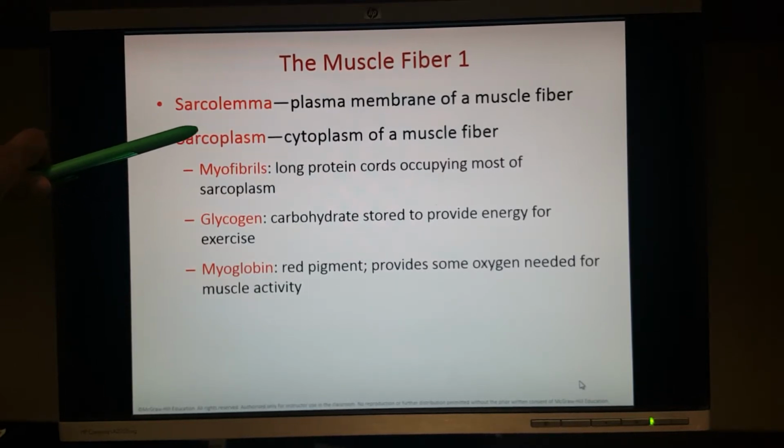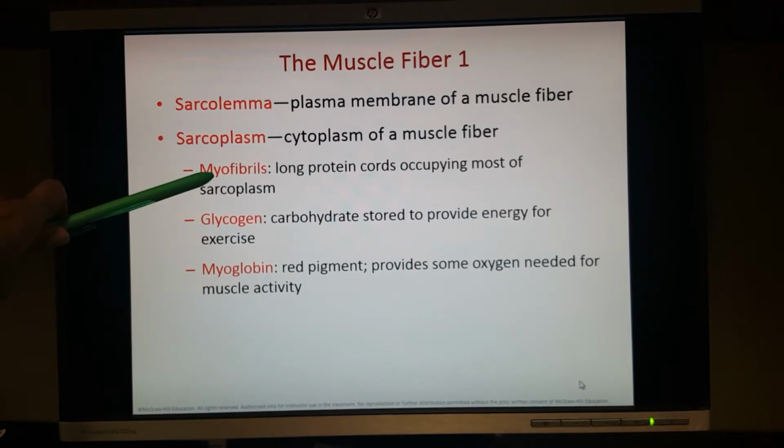Part of your sarcoplasm contains your myofibrils. These are most of the space inside your sarcoplasm, and they are the ones that help with contracting your muscle and shortening of the muscle fibers. Other things in the sarcoplasm, you have glycogen.